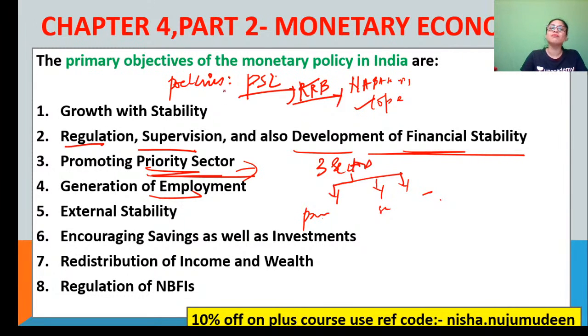And now the next important objective is external stability. Now external means what? It talks in the context of the rest of the world, the foreign countries. It is not only important to ensure that there is some sort of stability in the Indian economy. We do have trade with other countries, right? So when you have trade with other countries, obviously you need to understand that we are having a proper balance. So external stability, in the context of BOP, balance of payment equilibrium.